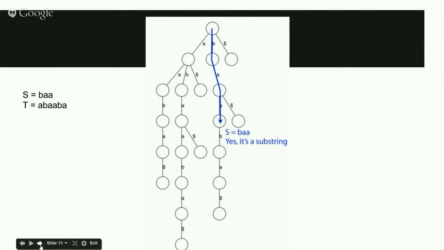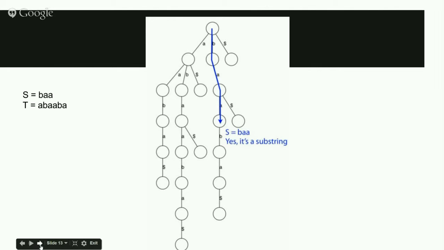Okay, so here our substring is BAA, and our text is ABAABA, and we have it on the side there. You start at the root, and you look for the first character of the substring, which is a B, so you travel down it and go to the B node.